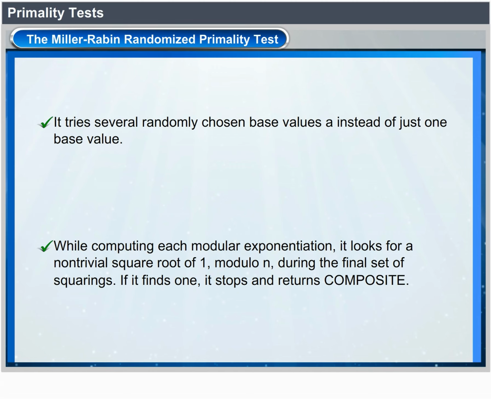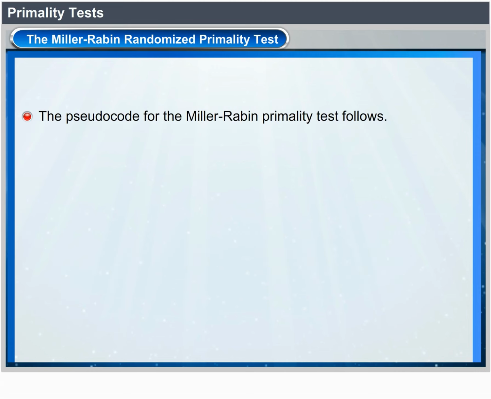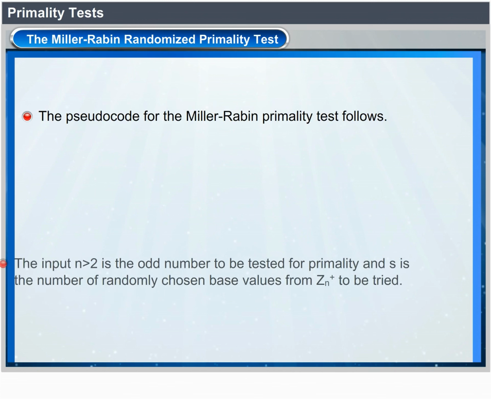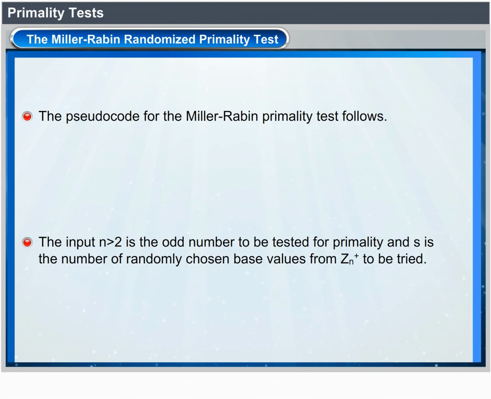If it finds one, it stops and returns composite. The pseudocode for the Miller-Rabin primality test follows. The input n greater than 2 is the odd number to be tested for primality and s is the number of randomly chosen base values from Zn+ to be tried.